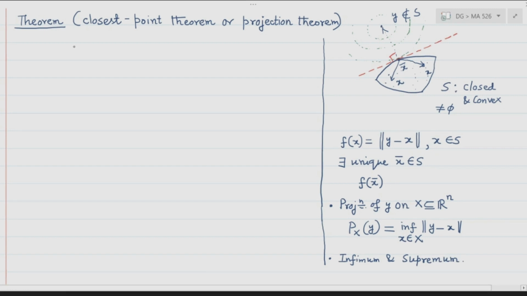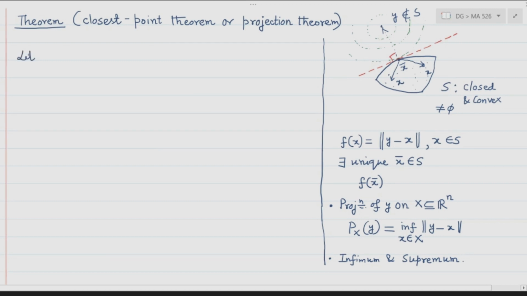Anyway, now as this result, closest point theorem, characterizes the projection of an element y outside the set S, therefore it is also called the projection theorem. The statement of the theorem is as follows.